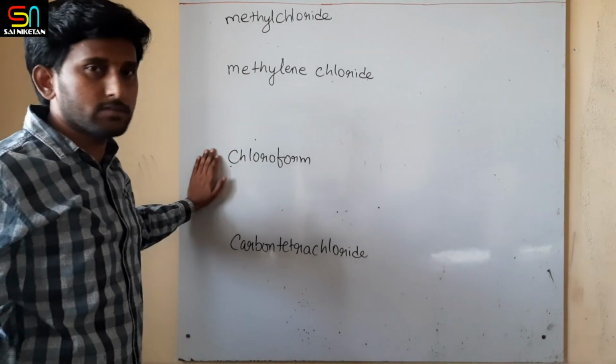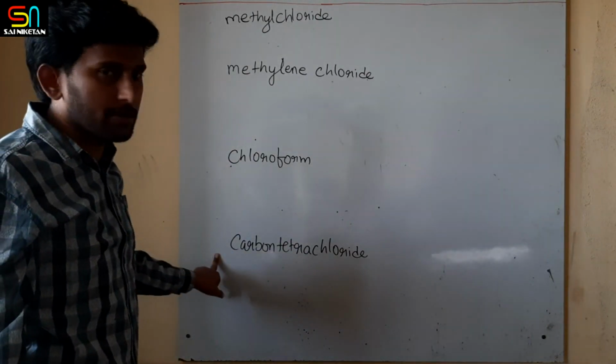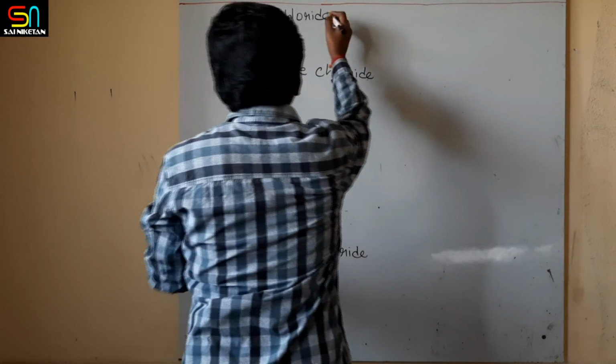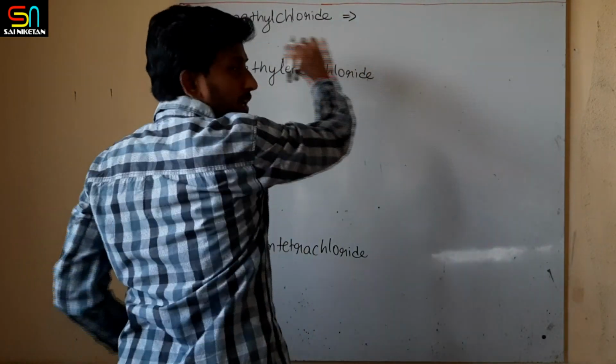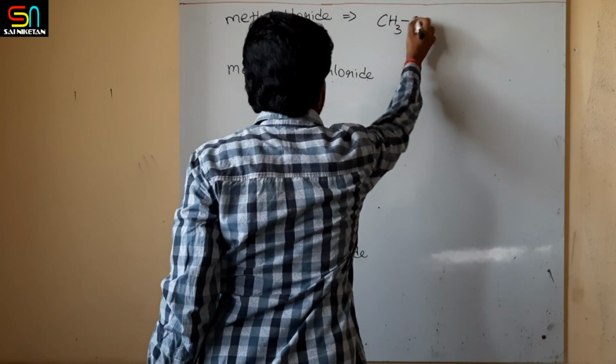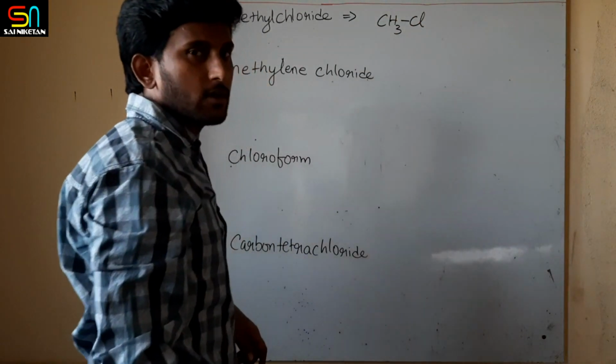Chloroform, as you know, has three chlorine atoms. Carbon tetrachloride has four chlorine atoms. Let us see this one. The compound here is methyl chloride, so I am writing CH3Cl. That is the compound methyl chloride.